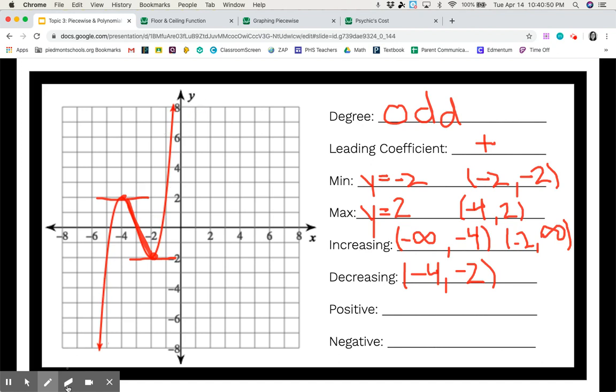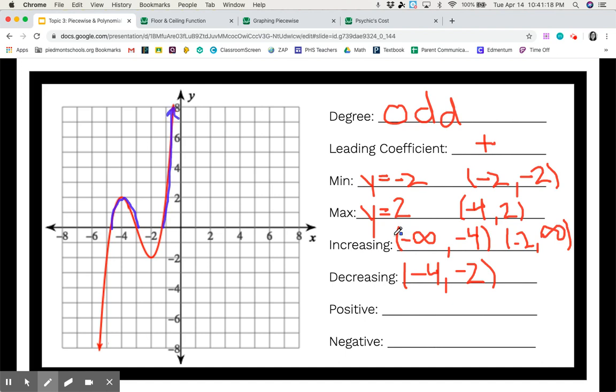Okay. The next thing we want to look at is where we are positive and negative. Okay, so we are positive when we are above the x-axis. So we are positive, let's do a different color. We are positive right here, and we are positive starting right here, and then we've got that arrow.